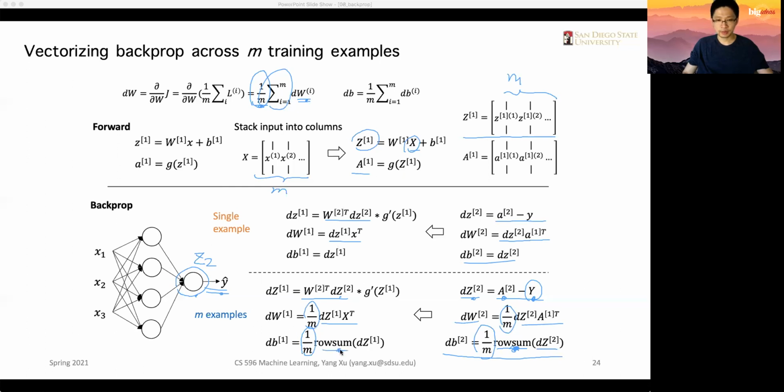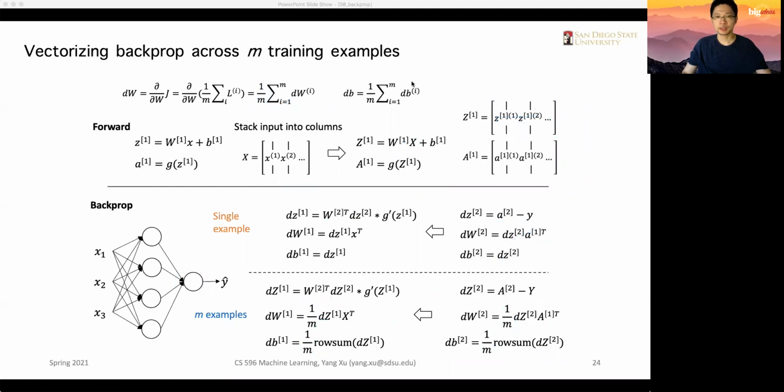So this row summation, if we consider the shape of z1, because dz would be the same shape as z1, we basically need to sum up all the rows. Not by summing up all the elements at once, but for each row, you compute the summation.